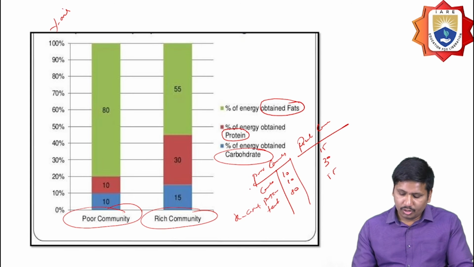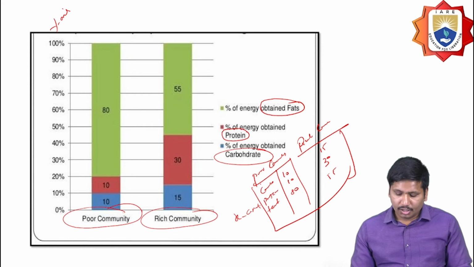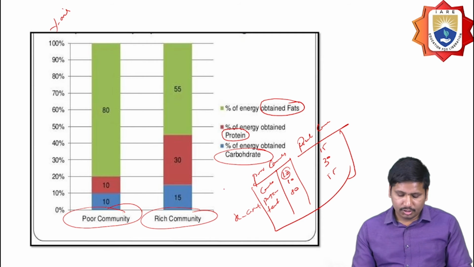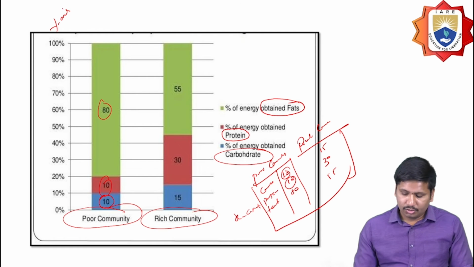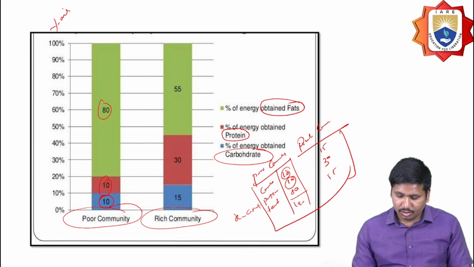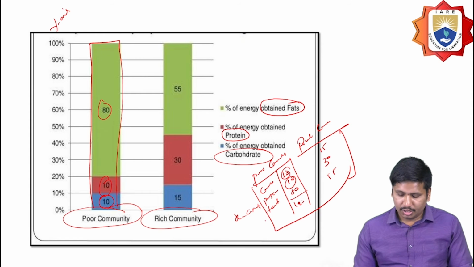So this is the table we have, and from this table I have to draw. For the poor community, the carbohydrate value is 10%, protein 10%, and fat 80. So what should be the total? 90? Sorry, 100. Make a bar of this and represent it.